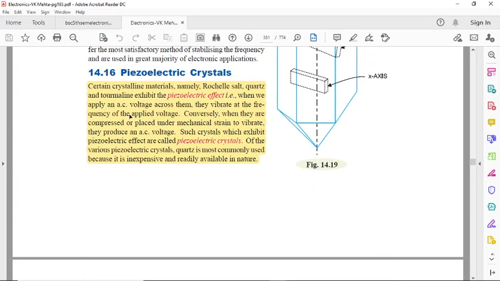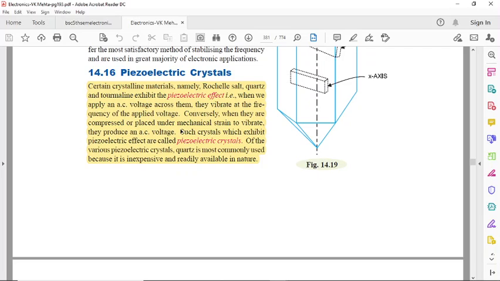And then the piezoelectric effect. Certain crystalline materials, namely Rochelle salt, quartz and tourmaline, exhibit the piezoelectric effect. That is, when we apply an AC voltage across them, they vibrate at the frequency of the applied voltage. Conversely, when they are compressed or placed under mechanical strain to vibrate, they produce an AC voltage.